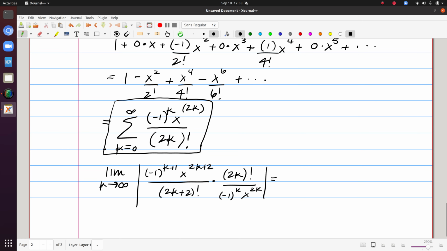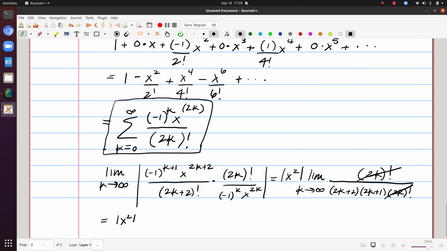We can ignore the -1s because of the absolute value. I would have 2 extra factors of x in absolute value to bring out because of the 2k plus 2. And in dealing with these factorials, remember that what I want to do is express 2k plus 2 factorial as 2k plus 2 times 2k plus 1 times 2k factorial. So I can see that I can cancel the 2k factorial from top and bottom.